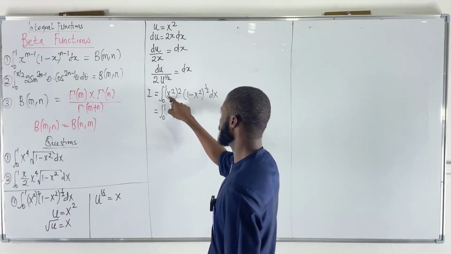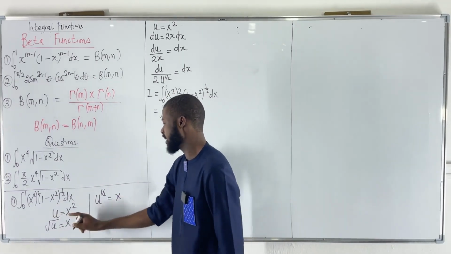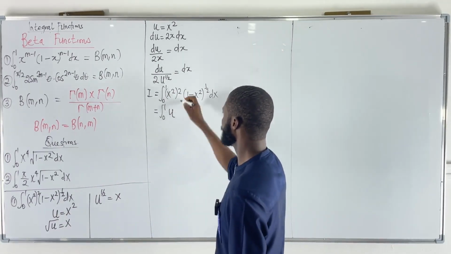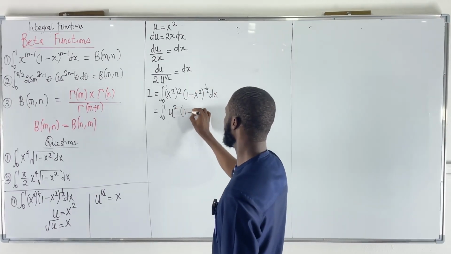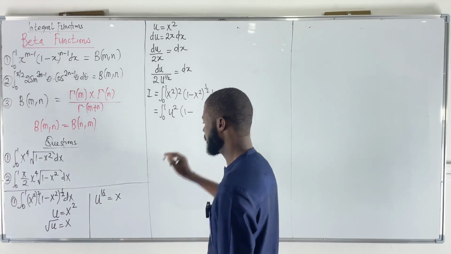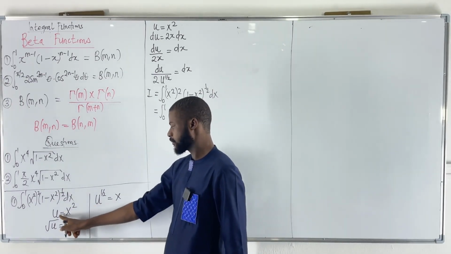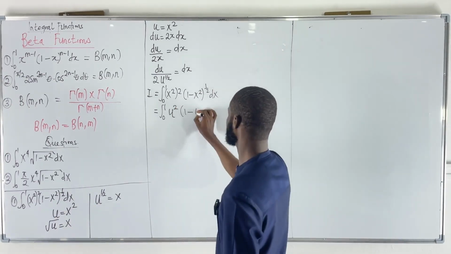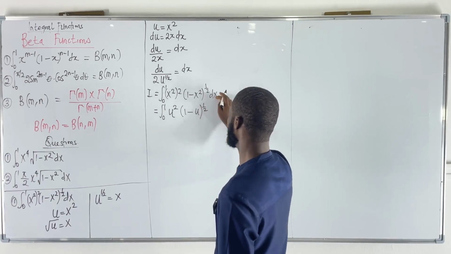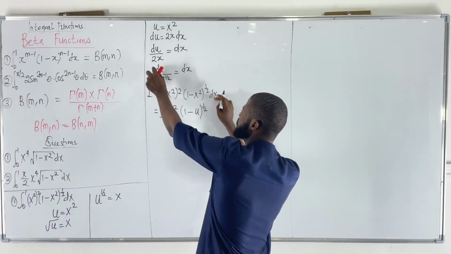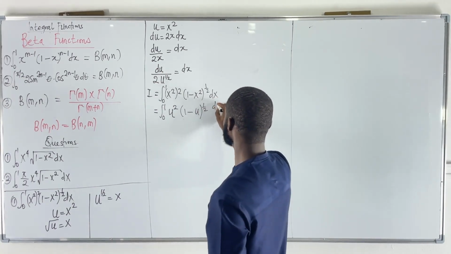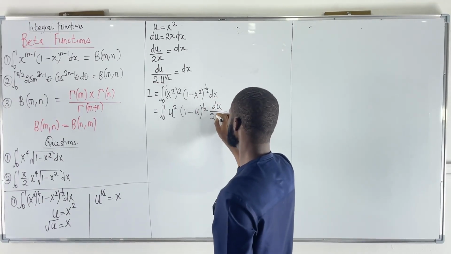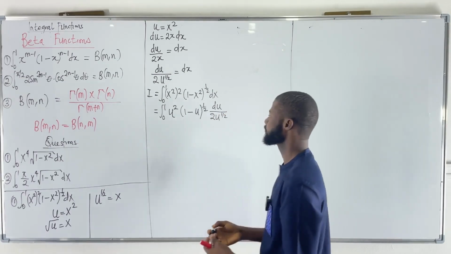And this x squared, what is x squared? u is equal to x squared, so this will be u. Then don't forget that there's a squared outside, that's u squared. And then 1 minus, this is x squared again, so what would this be? u. So still u, and then to the power of half. Now, what is dx? dx is du over 2u to the power of half. So this is du divided by 2u to the power of half.